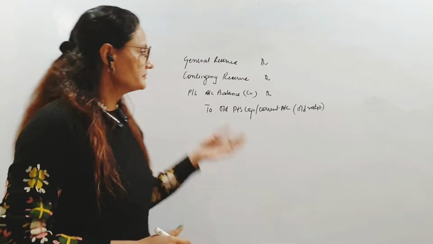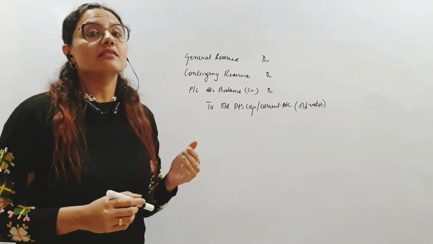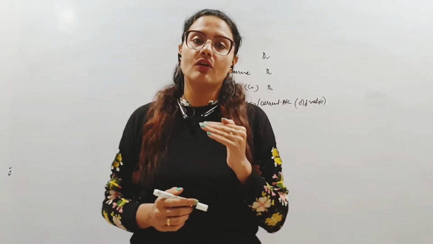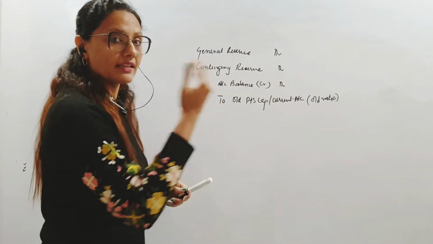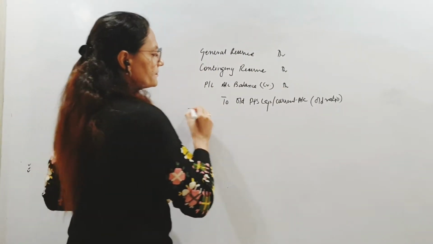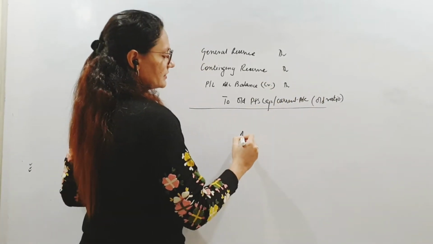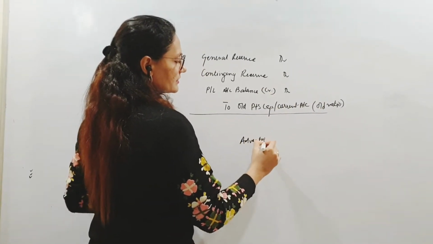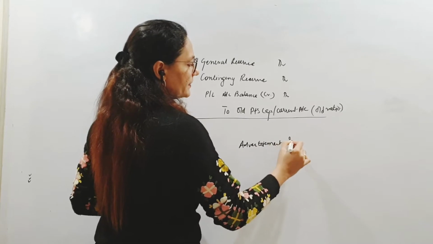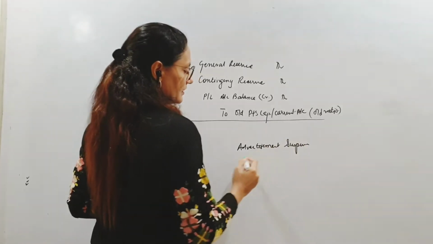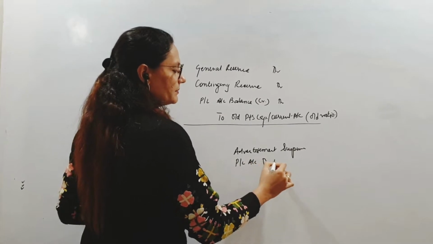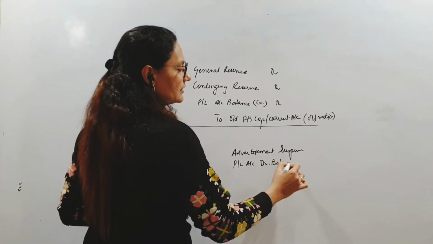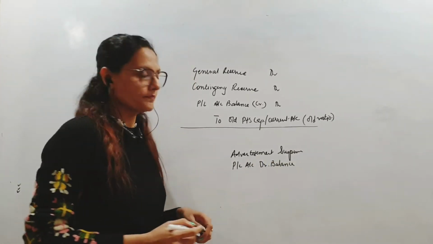Okay? This time, there can be certain unwritten off losses or expenditures also that will appear on the asset side of the balance sheet in a question. That can be, say, advertisement suspense. Then it can be a profit and loss account debit balance. Debit balance meaning the loss not distributed.